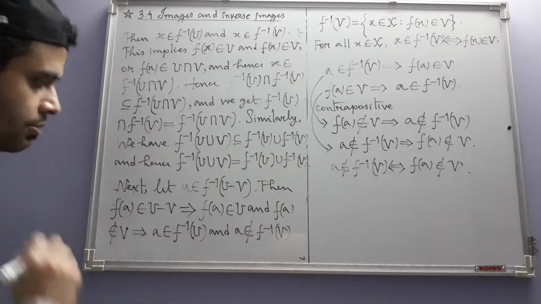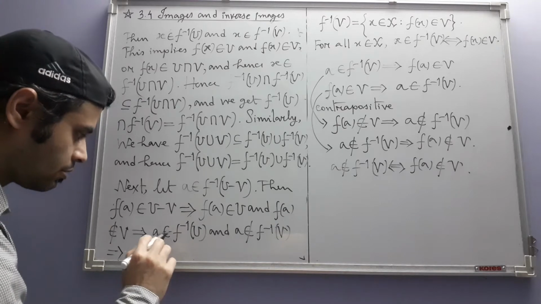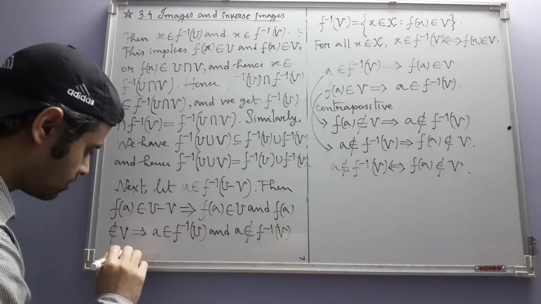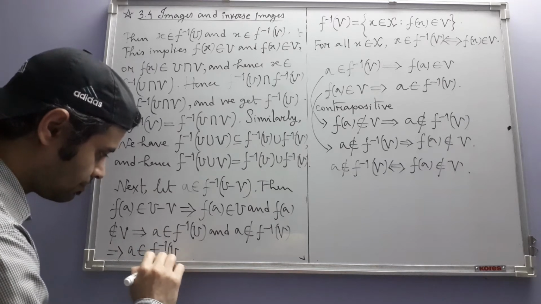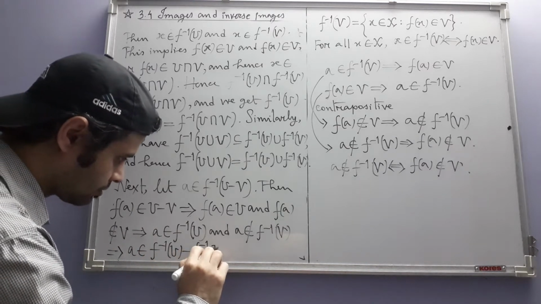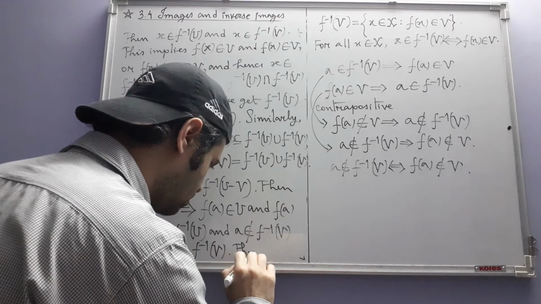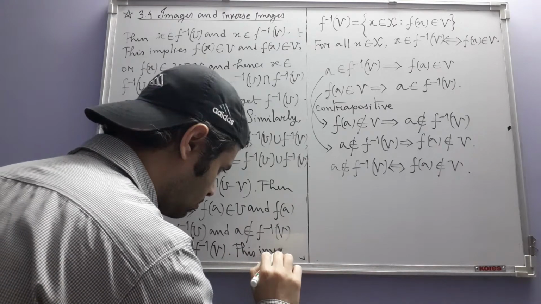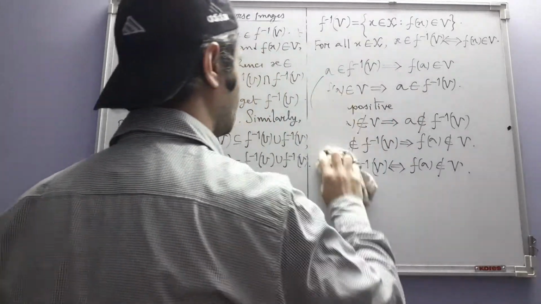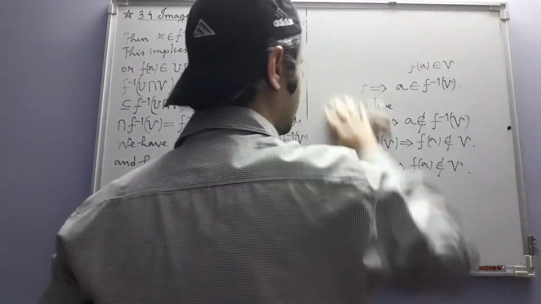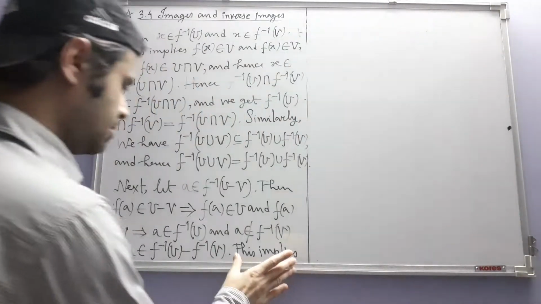So it makes sense to write this, and this implies, so now a belongs to this and a does not belong to this. So a belongs to f inverse of u minus f inverse of phi, and so this implies what?